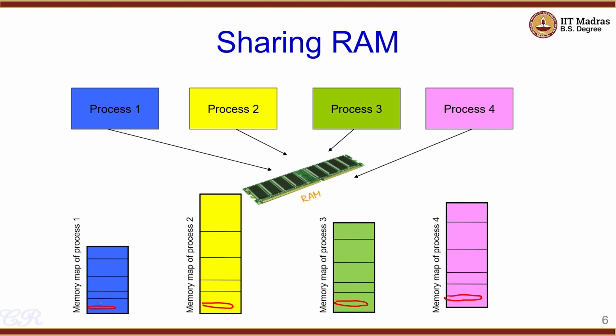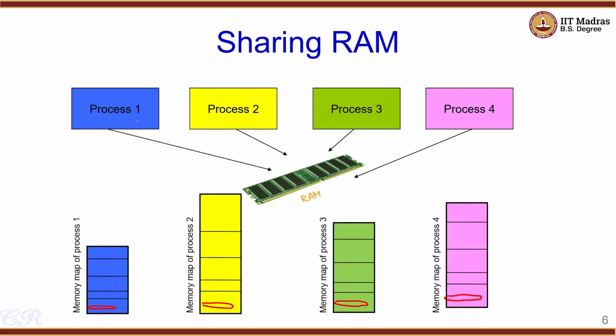Now this is inefficient because you don't require 4 such copies. It is the same code, and therefore just a single copy of this printf function is enough, right? So in other words, when we're using these libraries, or shared libraries as we call them, these libraries should be shared, as the name suggests, across the various processes.